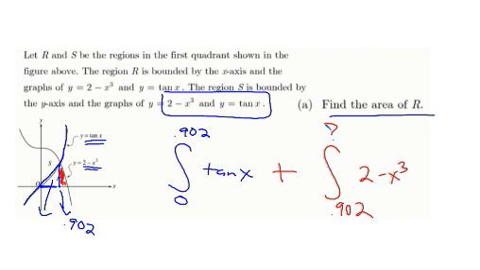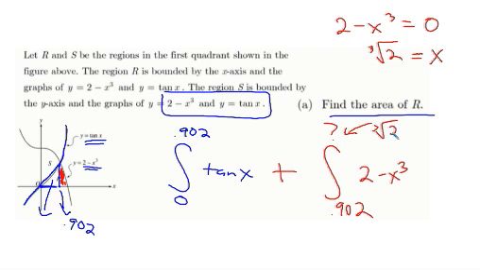Well, it's going to be the 0 of 2 minus x cubed. And so that 0 is going to be the cube root of 2. So my top limit of integration here is the cube root of 2. Okay? Just trying to show you some setup on these problems.